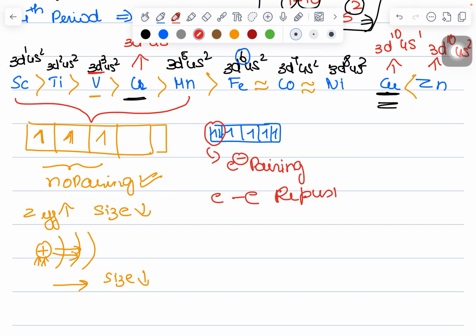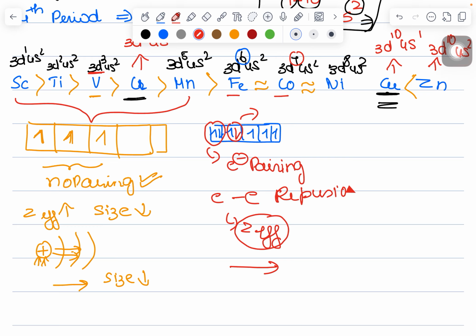But this electron repulsion counters the effective nuclear charge, Z effective. As such, they remain almost the same. For iron, cobalt, nickel, in 3d7, one more electron is filled, again with electron repulsion, and along the period effective nuclear charge also increases.